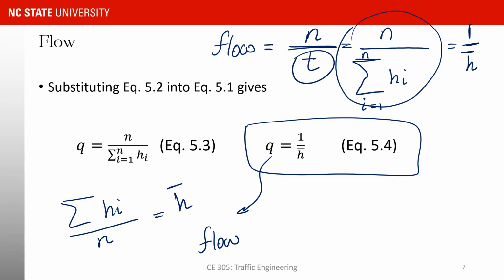And if someone gives me flow in vehicles per hour and I put it in this equation, so H bar is gonna be 1 divided by Q, right? So if I do that, I'm gonna get headway in hours, and I need to convert that to seconds, because most of the time when we talk about headway, we use seconds. When we talk about flow, we use vehicles per hour.